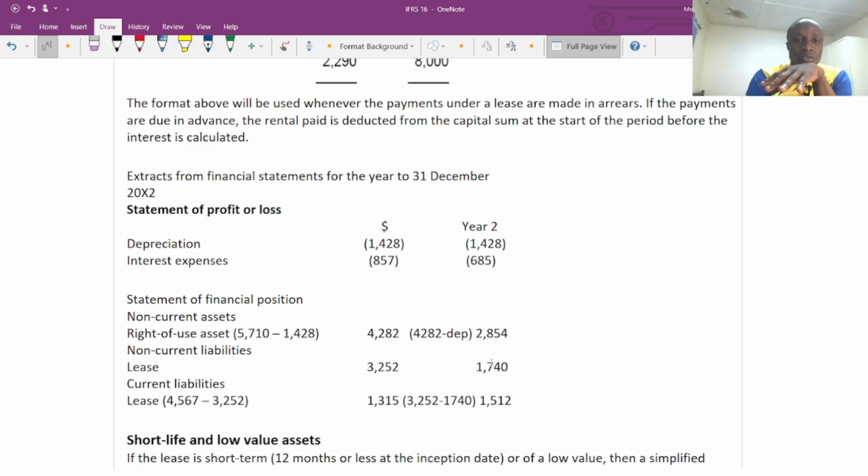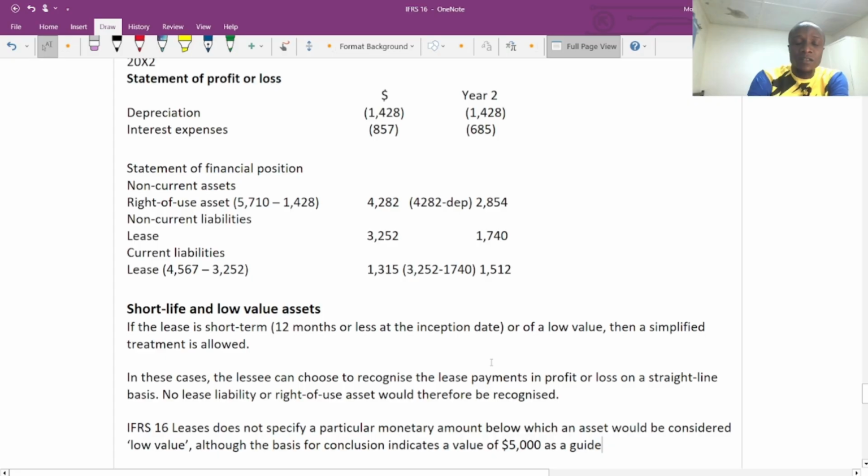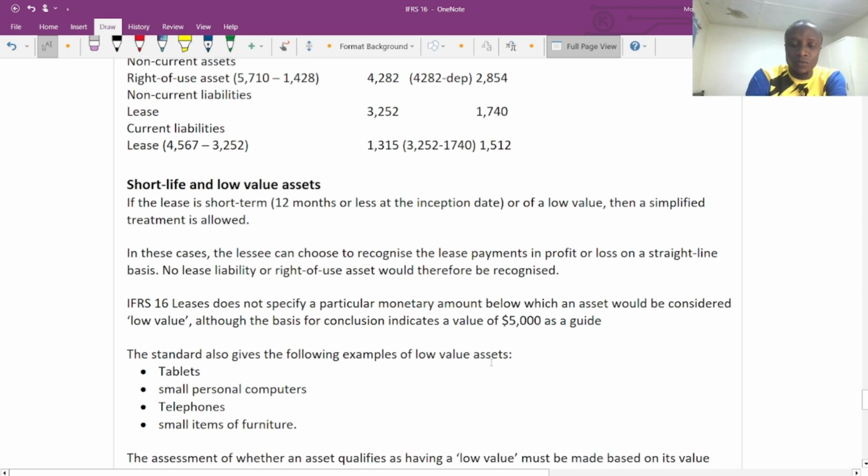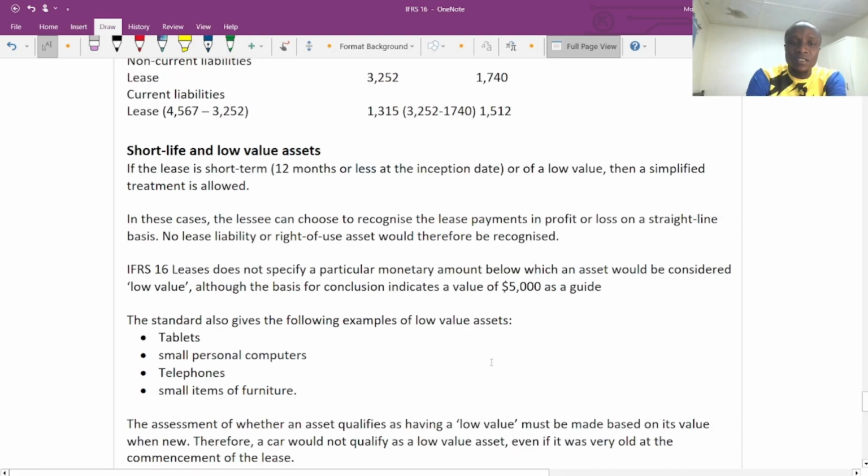So now we are going to look at the short life and the low value asset. According to IFRS 16, most leases should be recognized using the right of use asset and the lease liability, with the exception of short life and low value assets. You can go back to my lecture one, then you will be able to understand why we are not going to include the short life asset and the low value asset as the right of use asset and the lease liability.